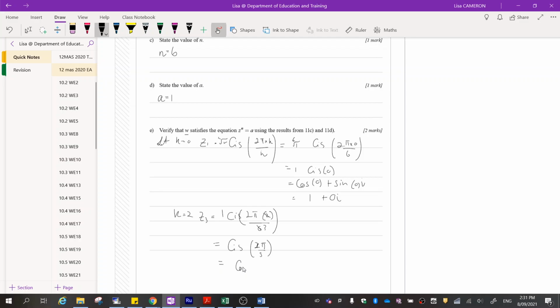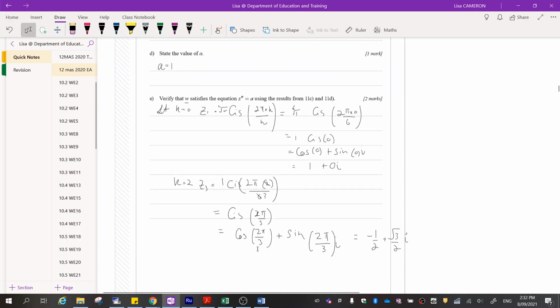That means that now I can break it down into its cos component and its sine component. Oh, look at this. She's looking familiar. I've seen you before. So 2 pi on 3 i. And then this is what we found up there. So now we know that this is going to be the same. So cos of 2 pi on 3 is going to work out to be negative a half plus root 3 on 2 i. And let's just go back and check. Yes, that's correct. Okay, perfect.